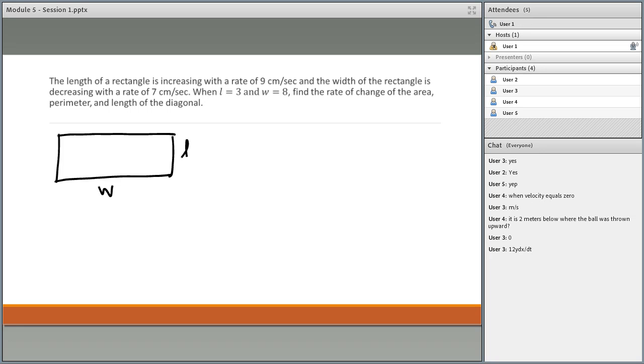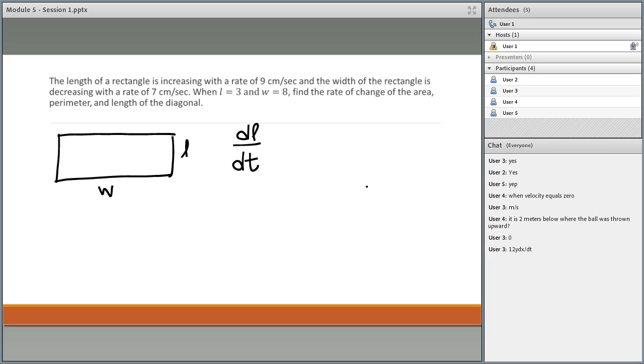So we were told that the length of the rectangle is increasing with a rate of 9 centimeters per second. Do we know what that would represent, variable-wise? Well, it's the length and how it's changing with respect to time.